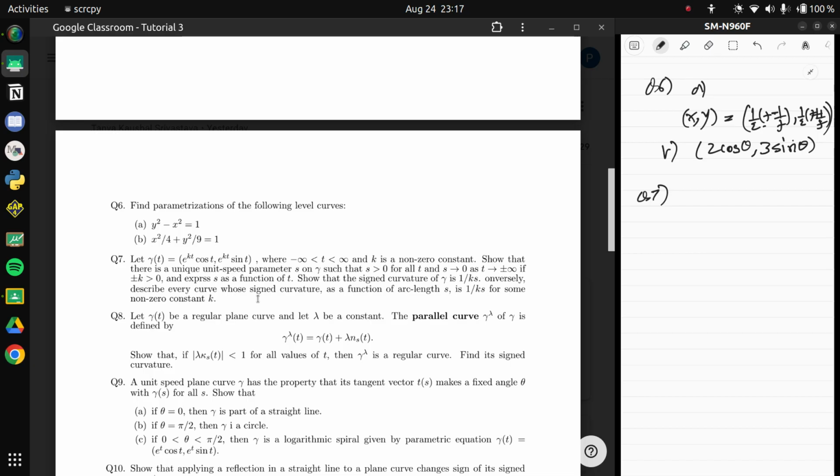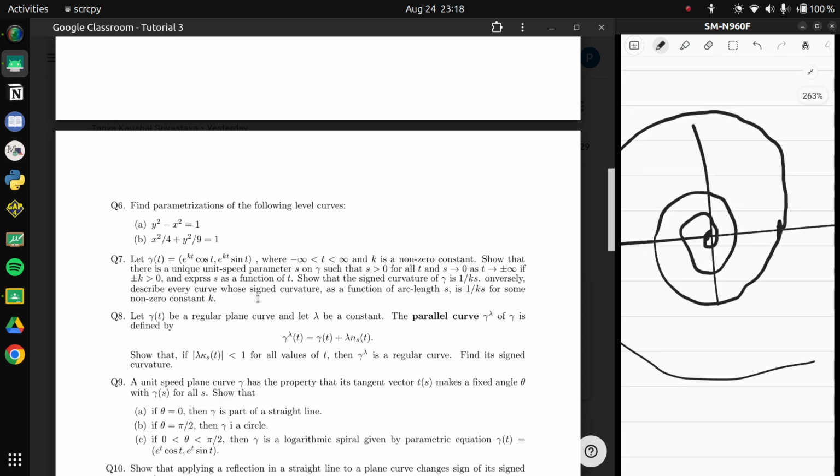You want to find the arc length. That's the only way. It's from t equal to that to that. So it's basically like a spiral in motion. So initially it's here and then it's growing. So as t increases, this is going to be like this, and before that it was going to be like that. Okay, cool. So we can just set this to be s equal to 0.